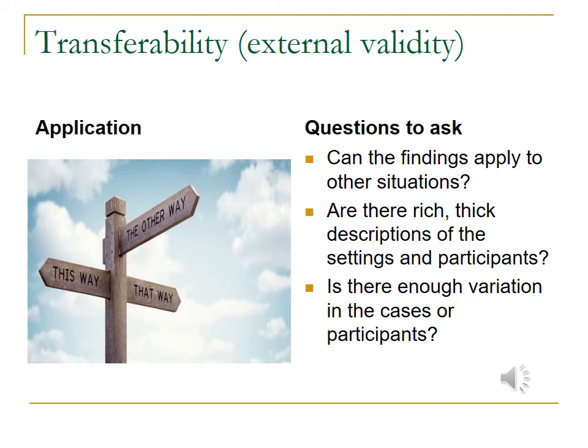For example, participants, we talked a little bit before, I gave an example of cases, but for participants, if you're looking at a study of, for example, depression in older adults, have you looked at it across age? Have you looked at it across socioeconomic status? Have you looked at it in terms of where individuals are located? These are things that when you're thinking of your audiences and who you would like to use the data, that you need to think about.